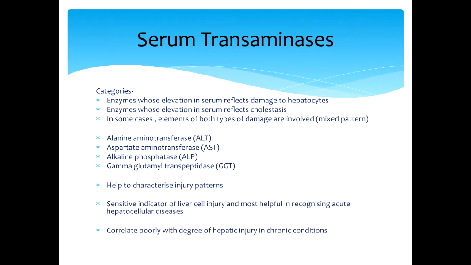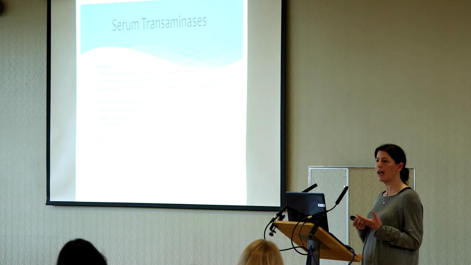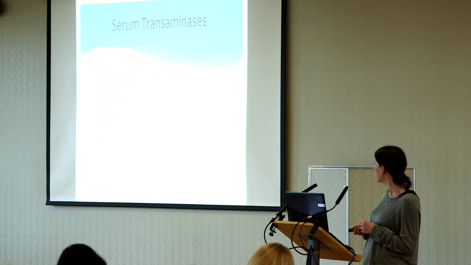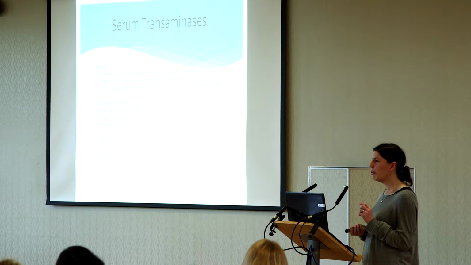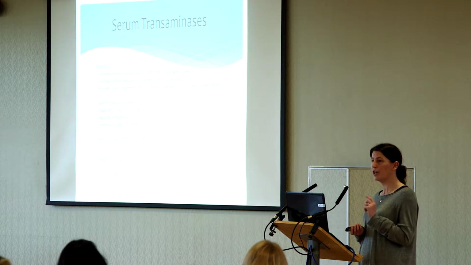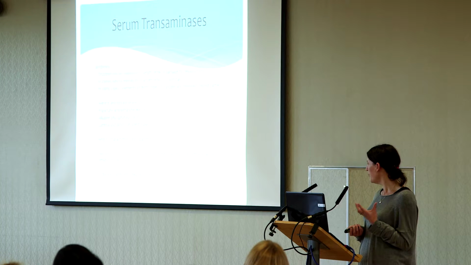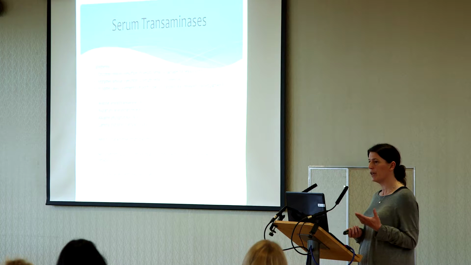So you have your alanine aminotransferase, which is your ALT, your aspartate aminotransferase, which is your AST, your alkaline phosphatase, which is your ALP, and also gamma-glutamyl transpeptidase, which is your gamma-GT. And so these can help to categorize the injury patterns. They can be a sensitive indicator of liver cell injury, and actually probably they're most useful when you have an acute event going on. And as I've said before, they correlate very poorly with hepatic injury in chronic conditions.